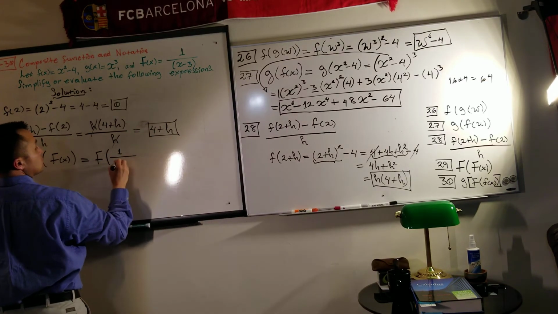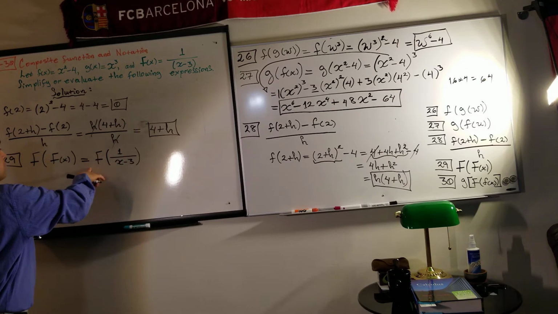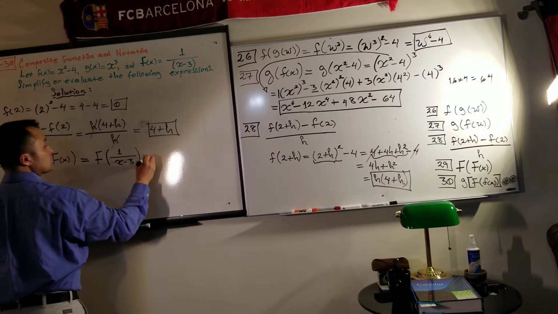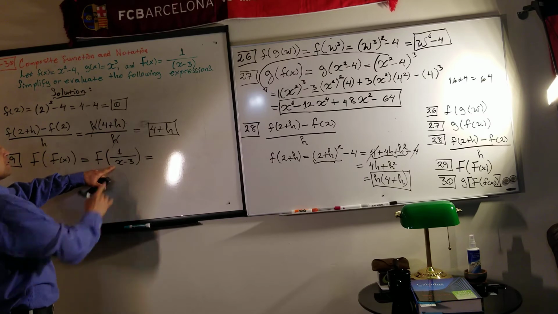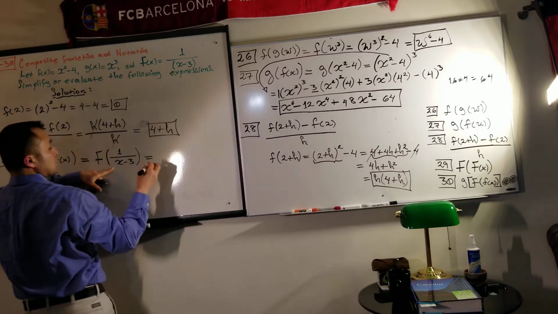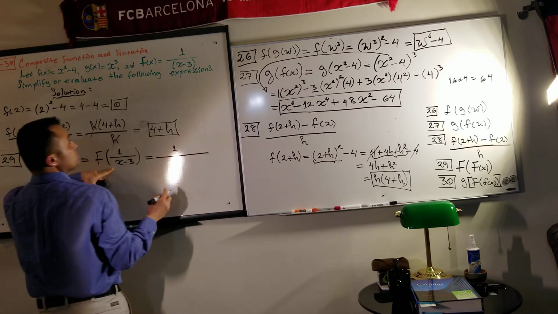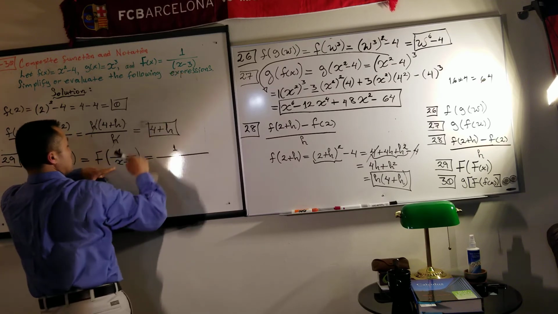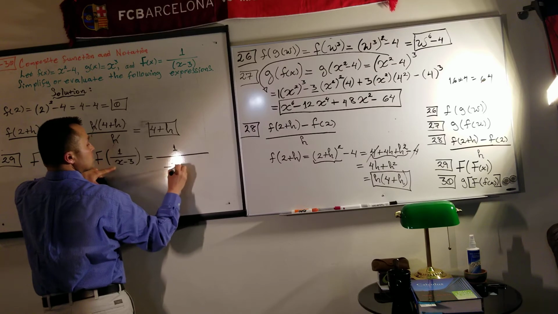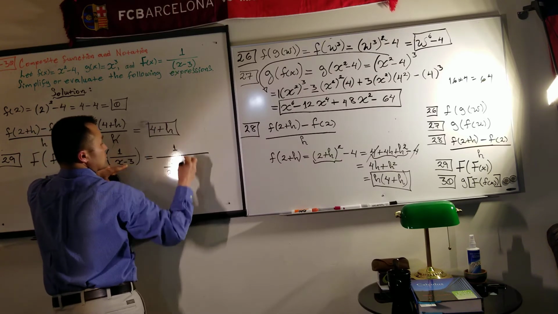And now capital F of 1 over x minus 3 is going to be equal to, so we are basically going to substitute this expression into x. So this is going to be equal to 1 over x, that in this case is going to be 1 over x minus 3, minus 3.